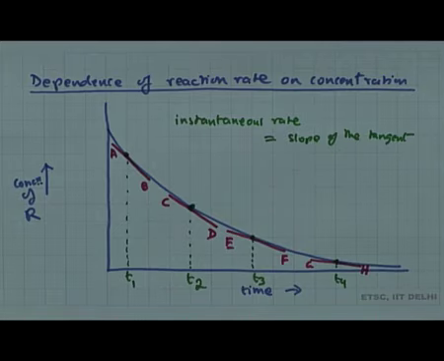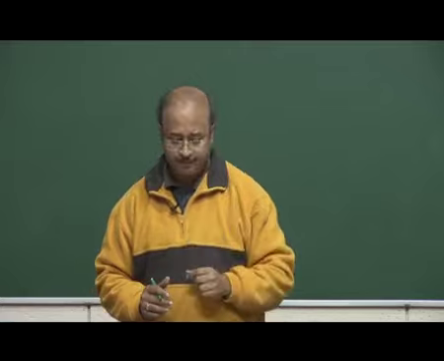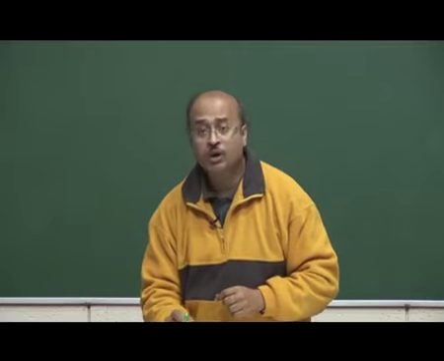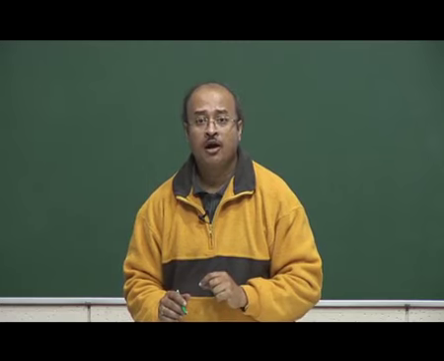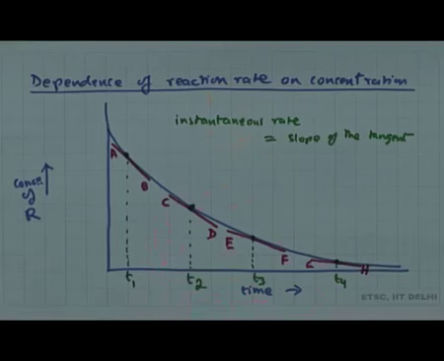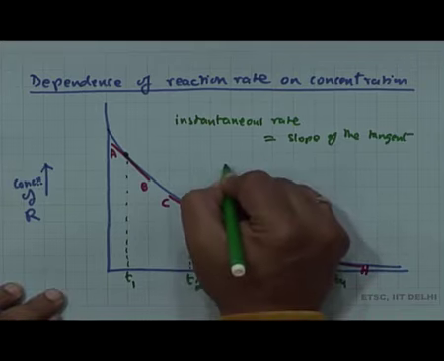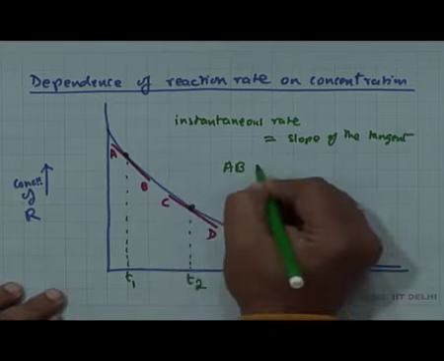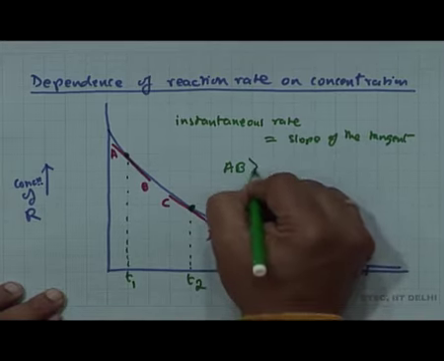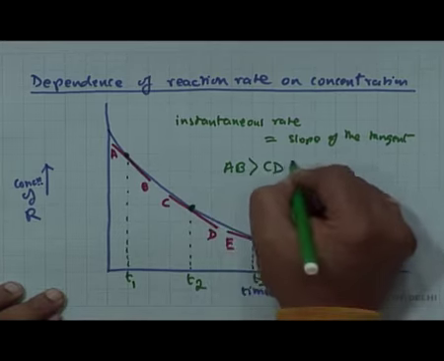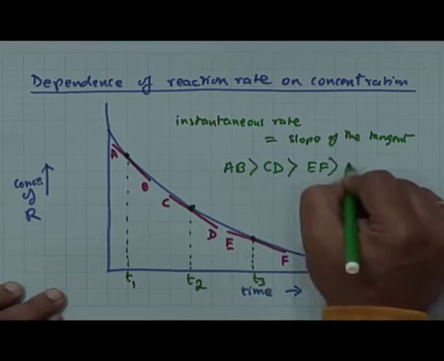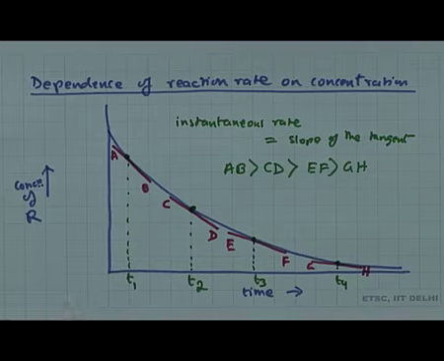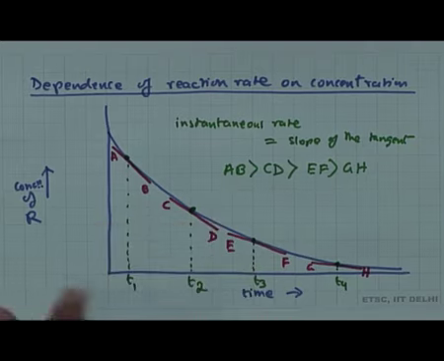I am not writing that, it is obvious. If you look at the slopes of the lines A B, C D, E F and G H, this is the order of the slope. The slope of A B is greater than the slope of C D, which is greater than the slope of E F, which is greater than the slope of line G H. So, A B has the maximum slope.